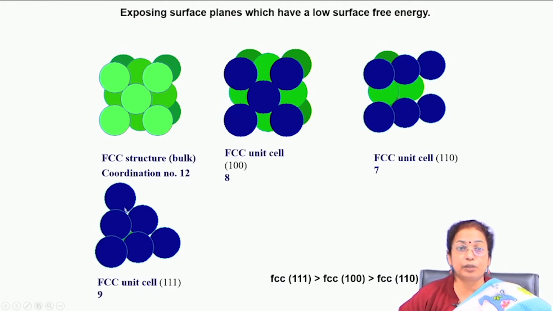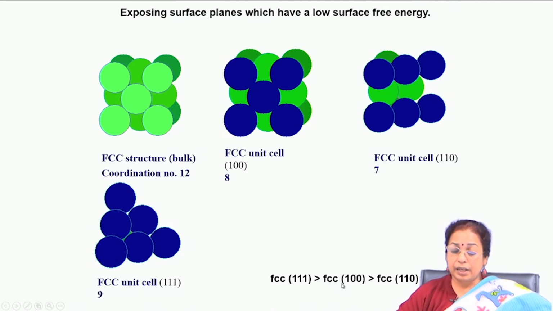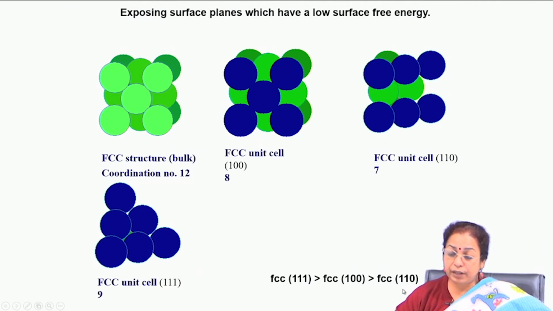On the other hand, if you would like to create the surface along the 111 plane where the coordination number is 9, you have to break 3 bonds. So, you will find that the minimum energy required for creation of a surface is along the 111 plane. So, if you categorize the surface energy in ascending order, you will find that the FCC 111 plane has the lowest energy compared to the FCC 110 or the FCC 100.